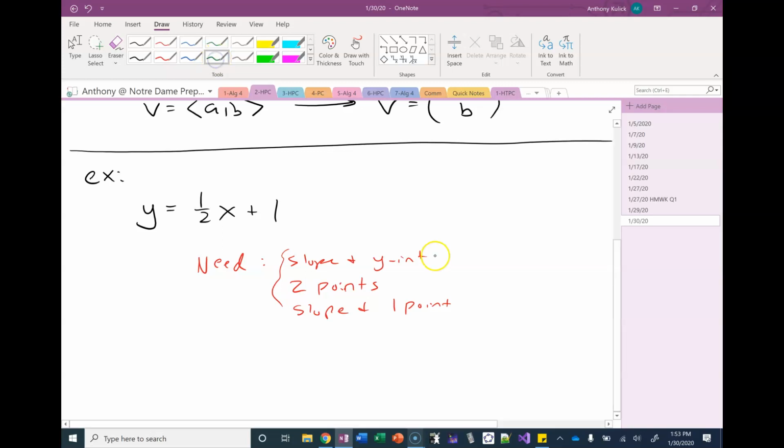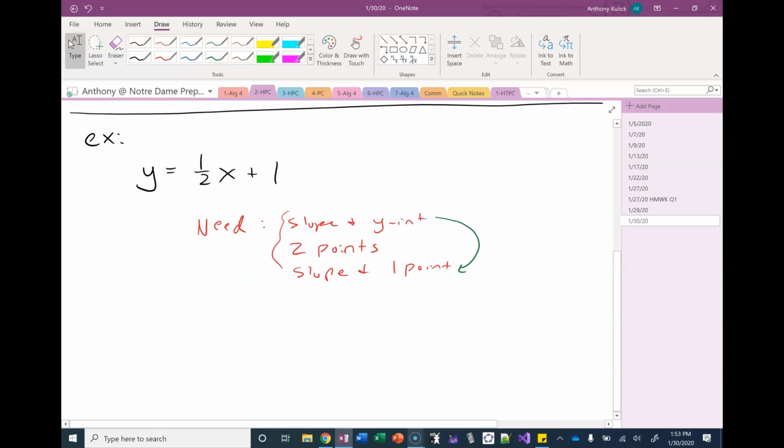So just to be clear, slope and y-intercept is still a subcase of slope and 1 point, right? Okay. So the first thing that we'd want to do is convert a slope into a column vector.